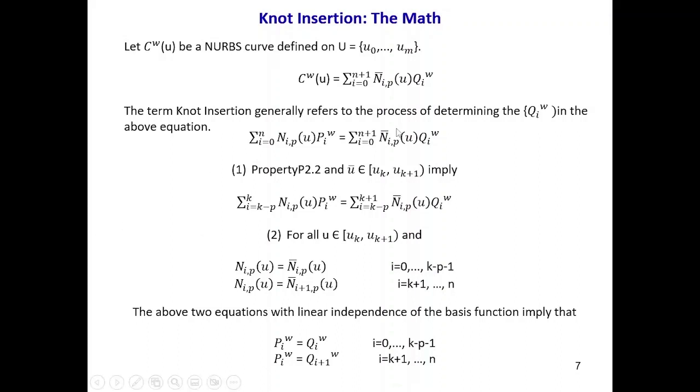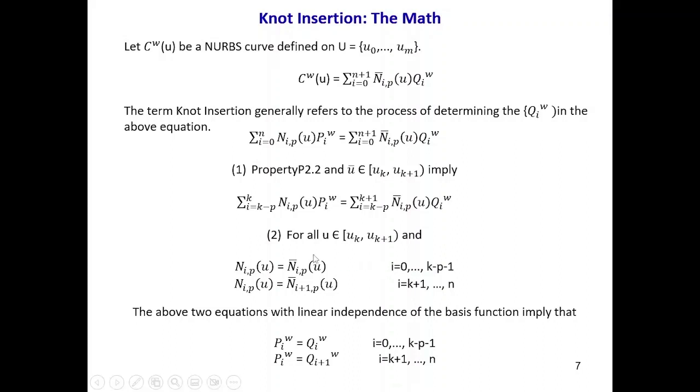Also, with property P2.2 and the new knot inserted, it implies the following: when we add a new knot, the changes take place only between the knots k−p up to k and k−p up to k+1. So the entire curve is not altered, only a specific region of the curve is altered.